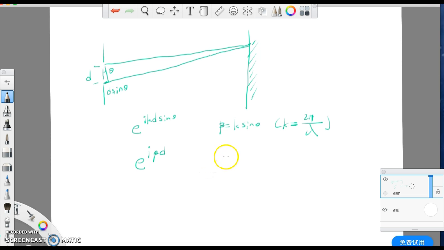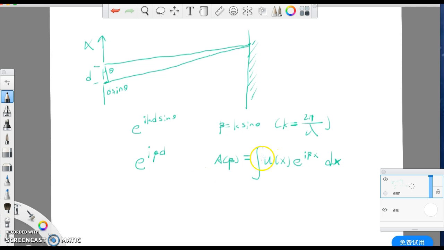And in general, the amplitude we get on the screen will be a function of beta, and that equals the slit function as a function of x, times e to the i beta x, dx.